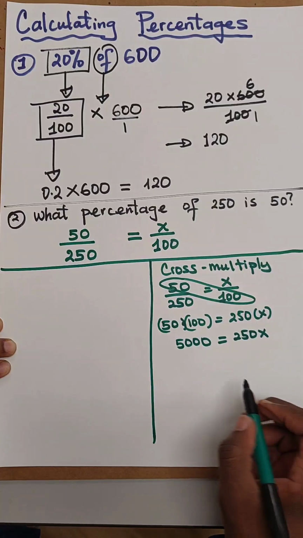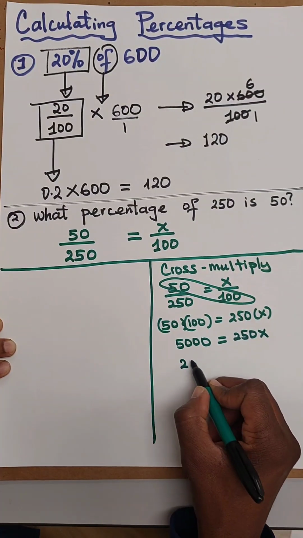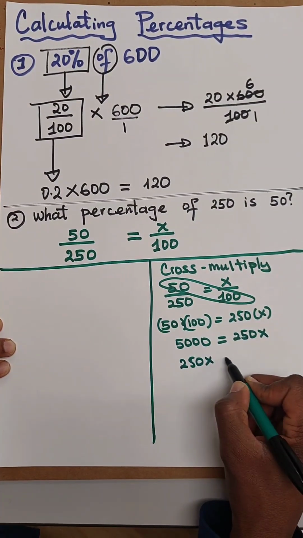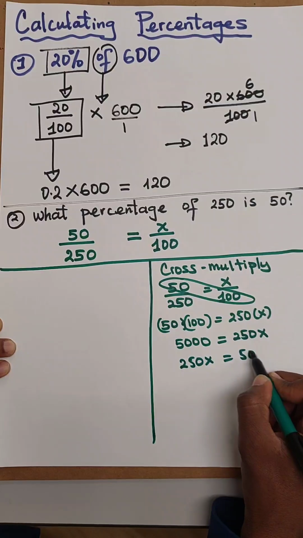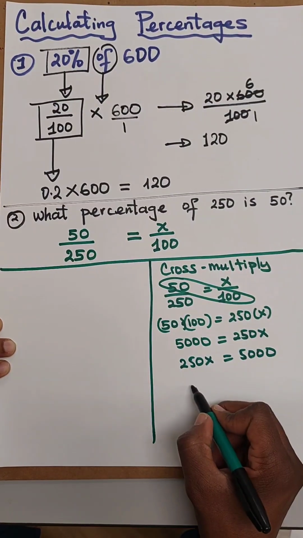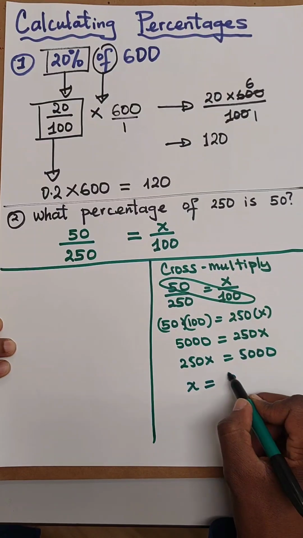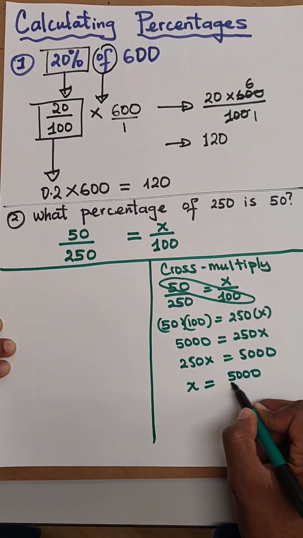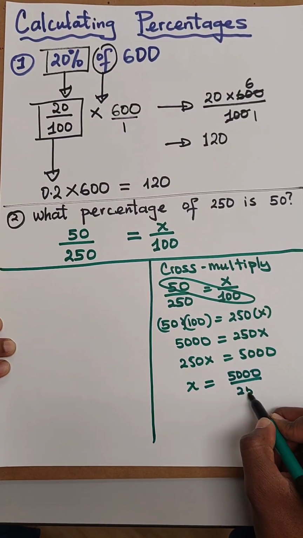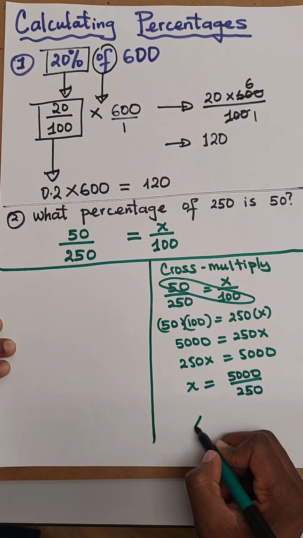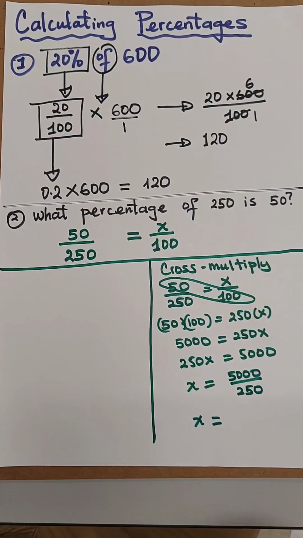And to find that x, you can rewrite this as 250x is equal to 5,000. To find what that x equals, you divide 5,000 by 250. So 5,000 divided by 250, that will give you the percentage. That percentage is 20%.